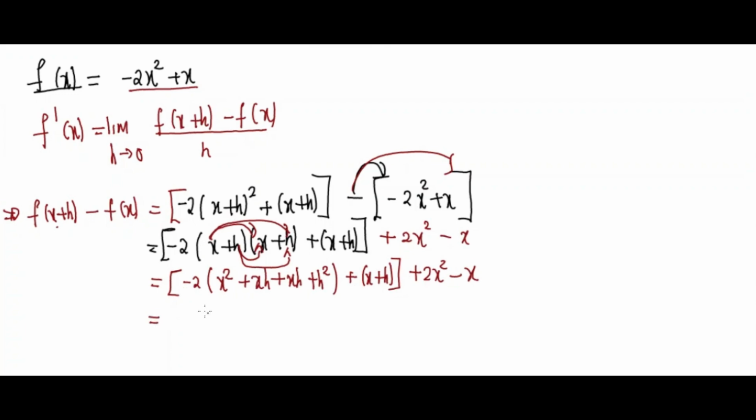So now let's remove brackets. So 2 times negative 2 times x squared is minus 2x squared.